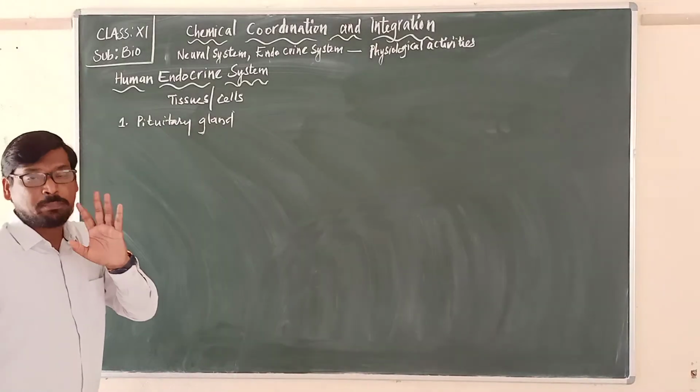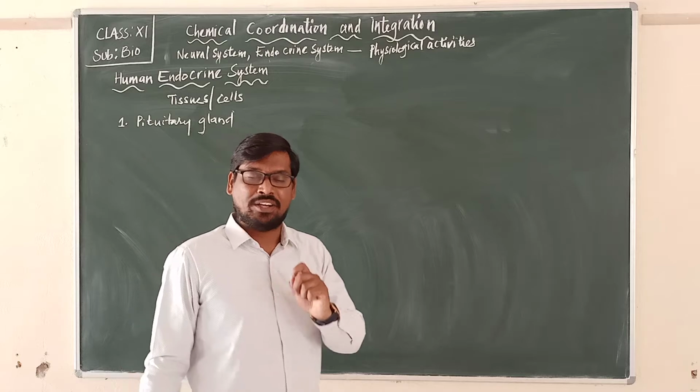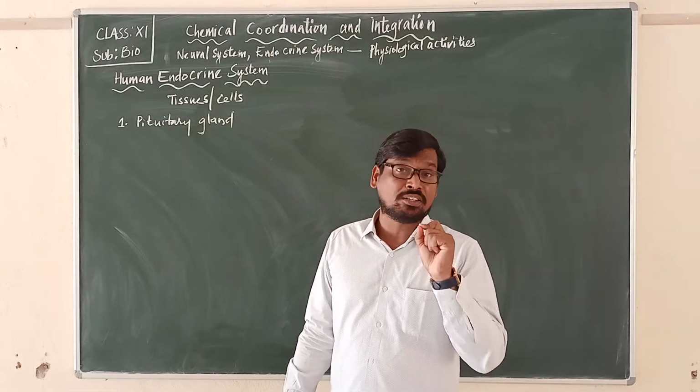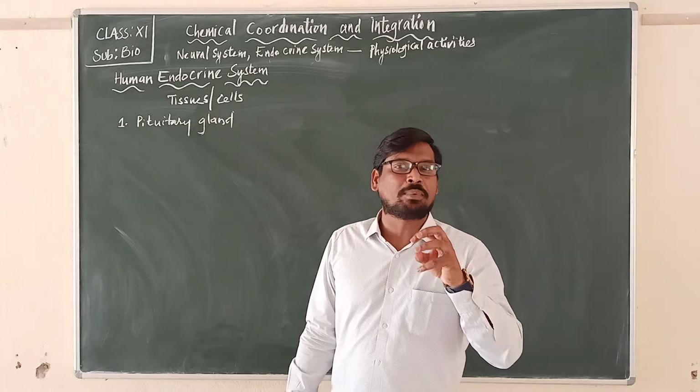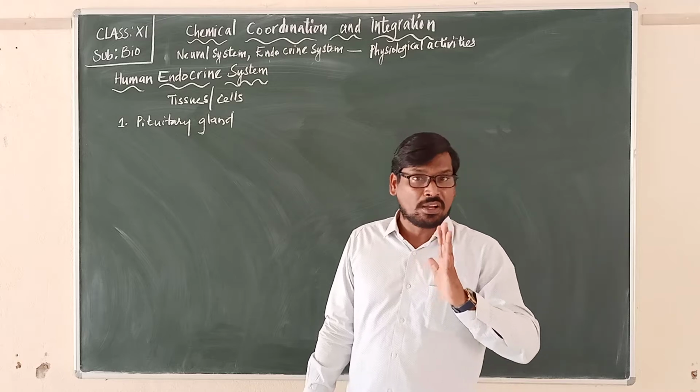So the first one is the pituitary gland. Of course, it is also called the master gland, because it controls and coordinates all the other glands present at different places in our body.